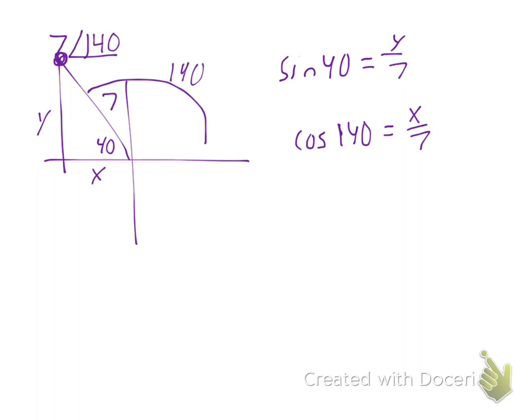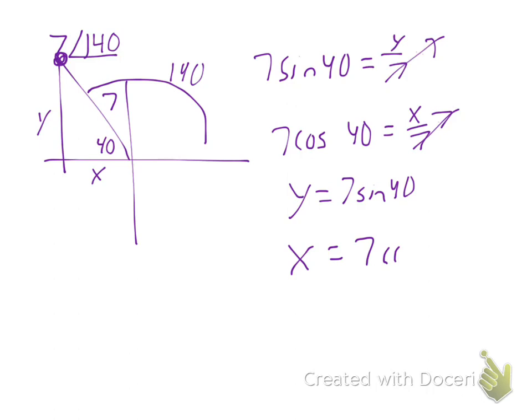Do you guys notice that you did the same thing both times, multiplied by the radius? Y equals 7 sine of 40. Did I make a mistake? It's cosine of 40. Oh, yep. There it is. And x equals 7 cosine 40.